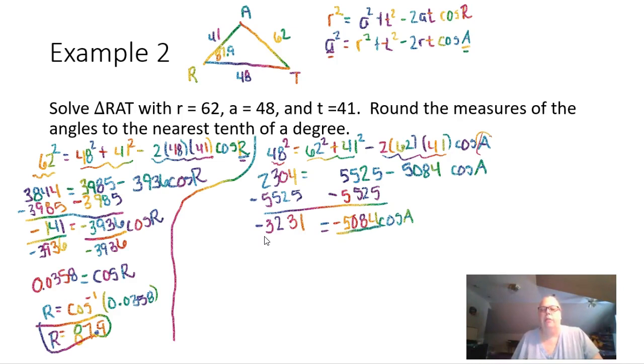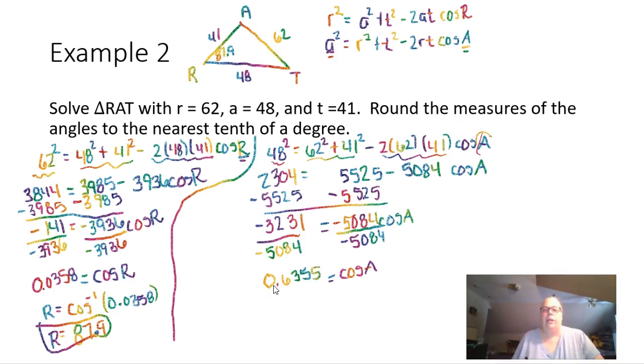All right, now we'll need to divide away this coefficient on both sides. And again, we want to make sure that when I do this division, I get a number over here that's between positive 1 and negative 1 so that I can find its inverse cosine. And I'm getting 0.6355.